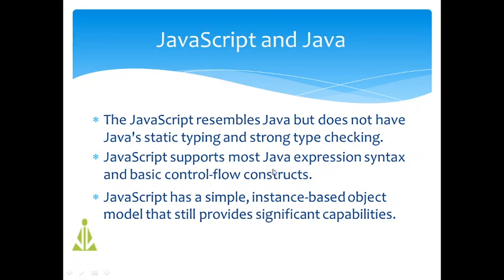JavaScript supports most Java expression syntax and basic control flow structures. JavaScript has a simple instance-based object model that still provides significant compatibility. So this is the difference between Java and JavaScript.